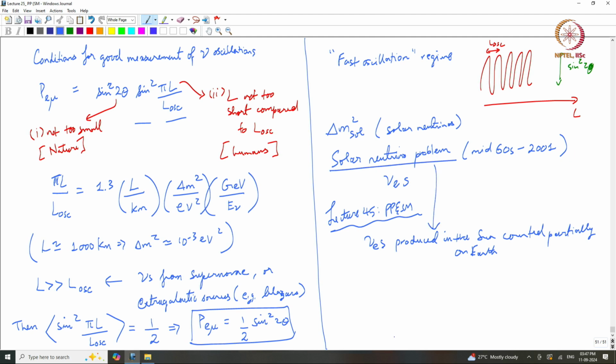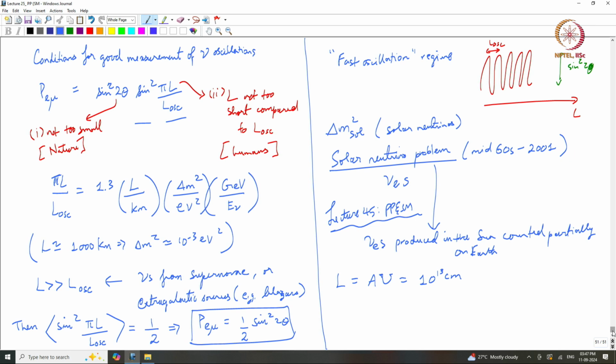So let us see how this happened. First of all, what is the baseline we are thinking about? It is exactly 1 AU, astronomical unit. So how do you do the conversion now? First of all, what is this in centimeters? This is about 10 power 13 centimeters.